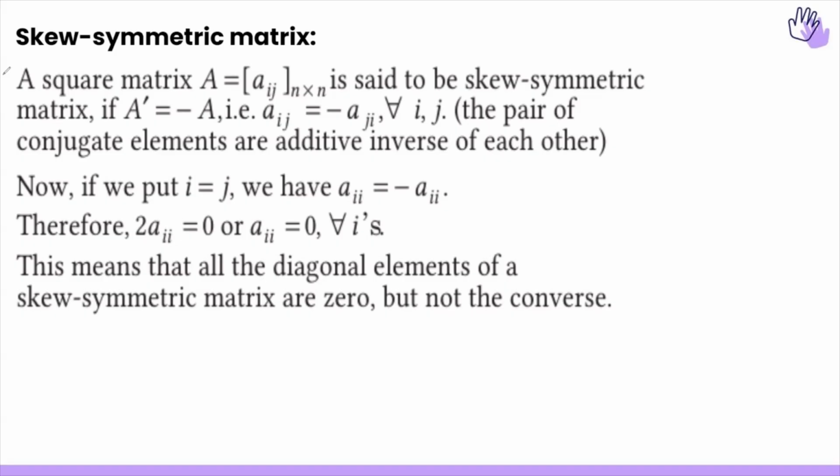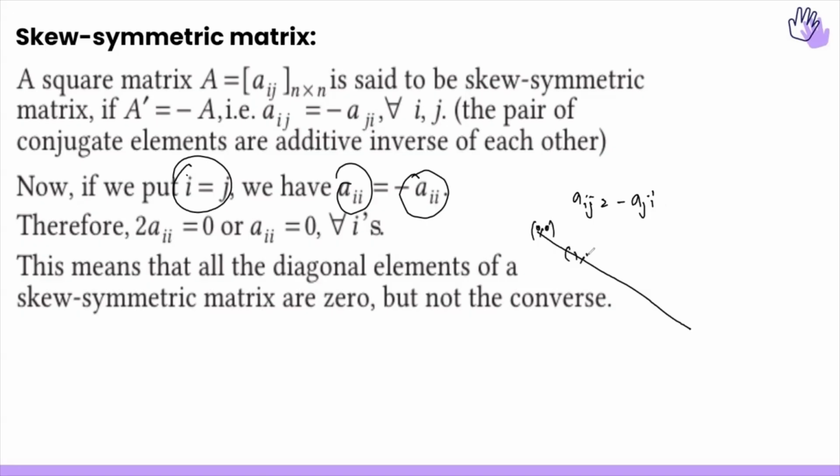So if you carefully observe, if we put i equal to j, then aij will be equal to minus aji, right? So what are we seeing from the skew symmetric matrix definition? aij will be equal to minus aji, right? Now if I put i equal to j, that means diagonal elements we are talking about: 0 0, 1 1, 2 2. So diagonal elements.